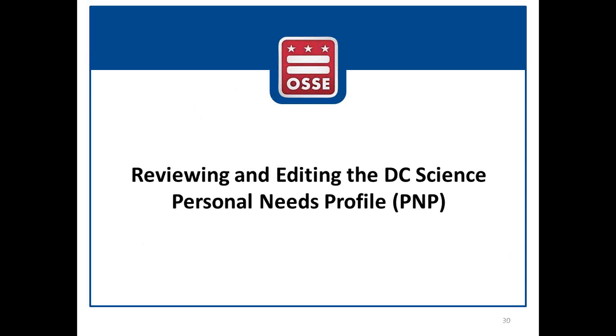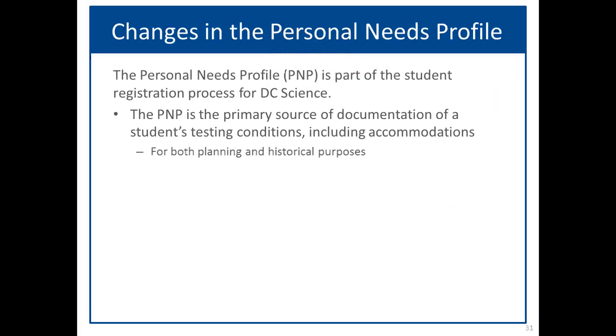Okay, so one of your key tasks, as we discussed, will be reviewing and editing the DC Science Personal Needs Profile. The Personal Needs Profile for DC Science functions a little bit differently than it did for the PARCC assessment.